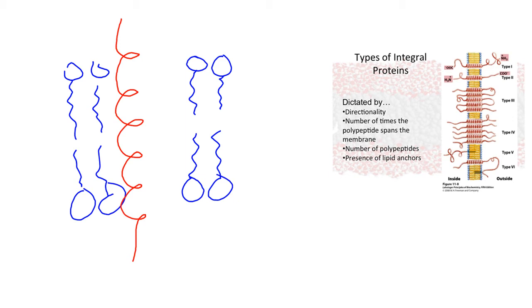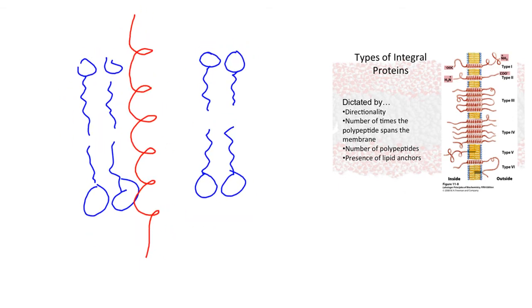But let's say that we've got a type 4 kind of integral protein, technically an integral protein complex, since it's two different proteins. It's still true that this could very easily be hydrophobic interactions here, but what about interactions between the two alpha helices? What kind of possibilities do we have then?